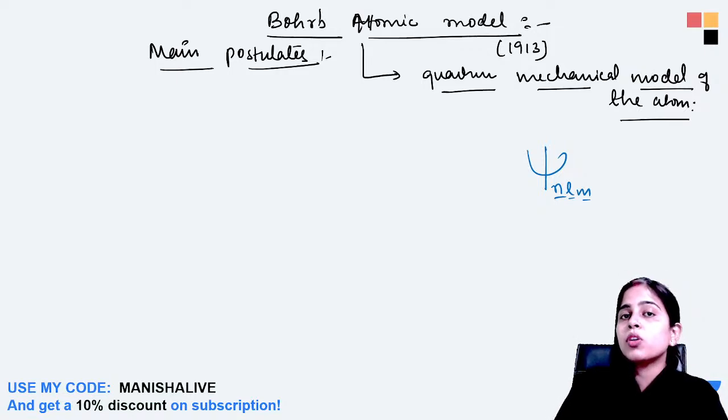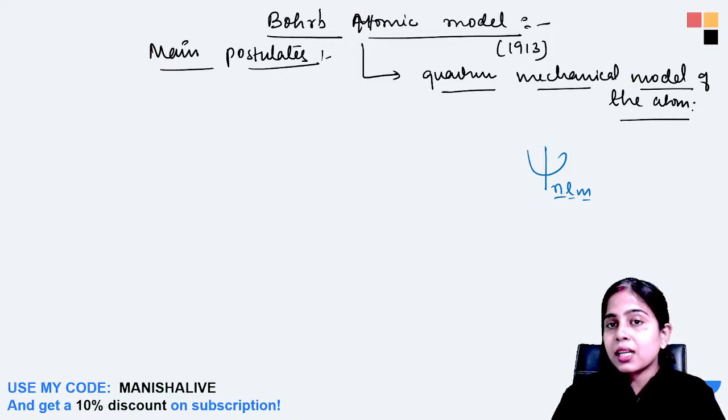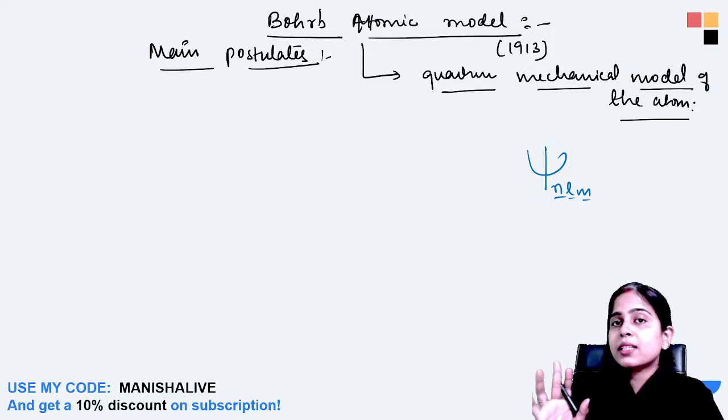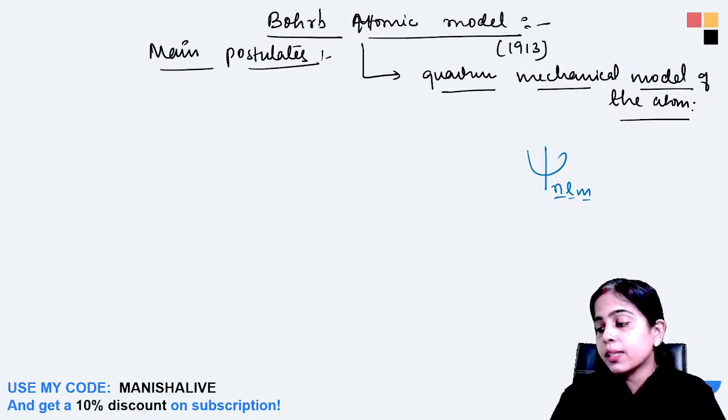But Neil Bohr was the first who at least gave the postulates based on the quantum mechanical model of the atom. Because the idea of orbits and subshells was given by Bohr's atomic model.